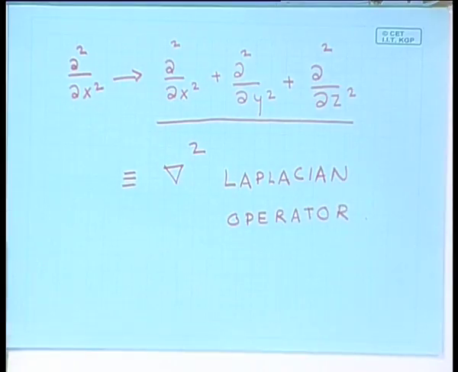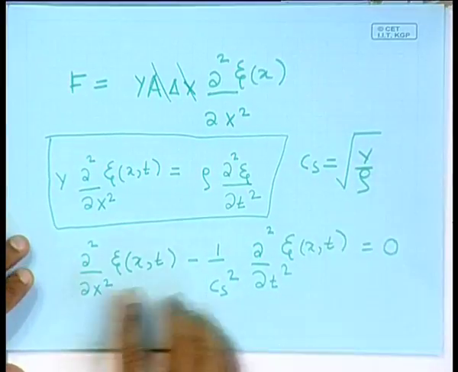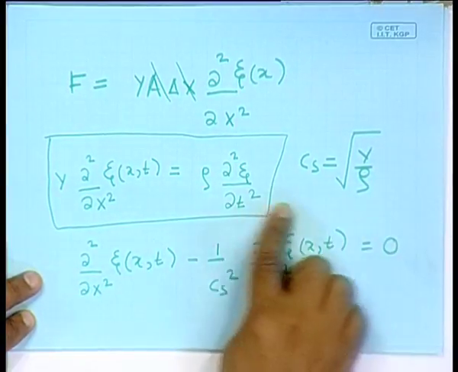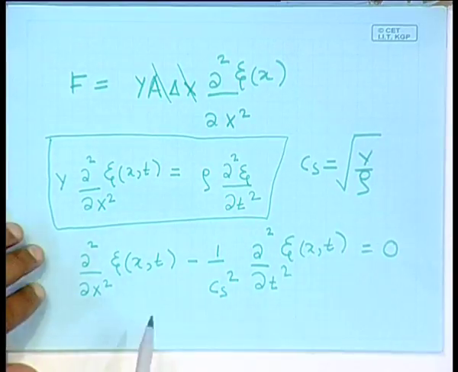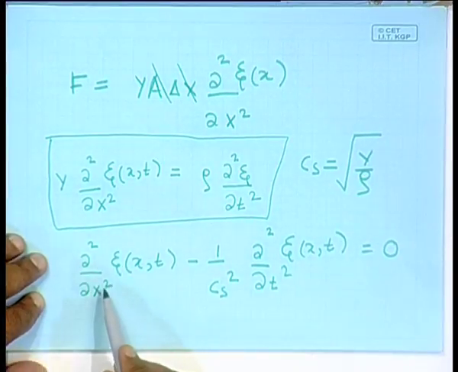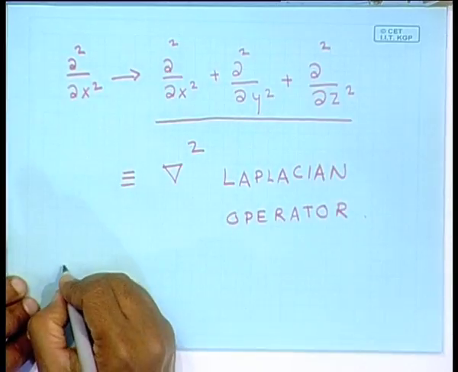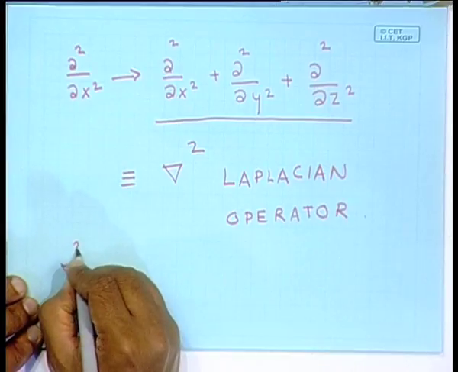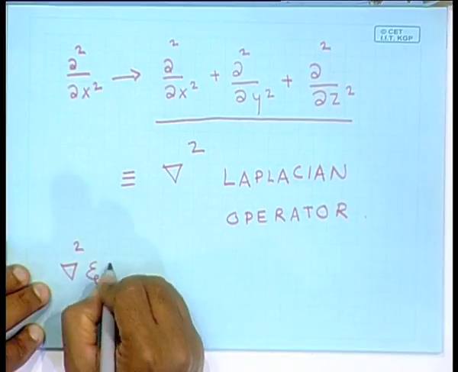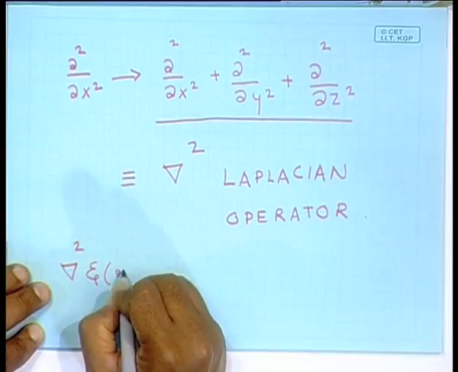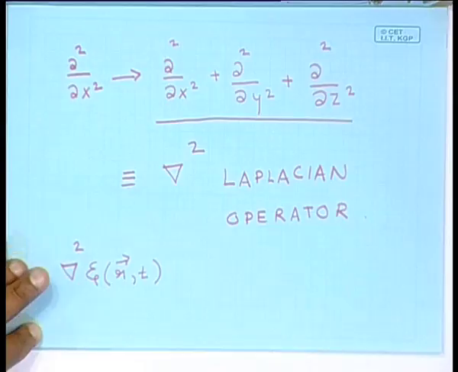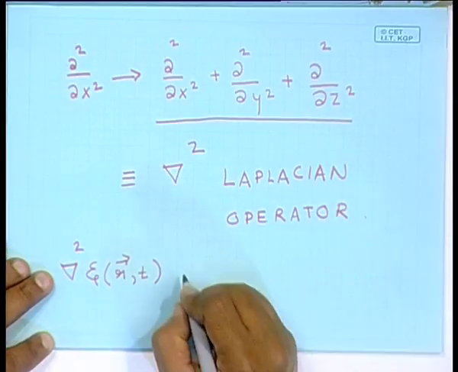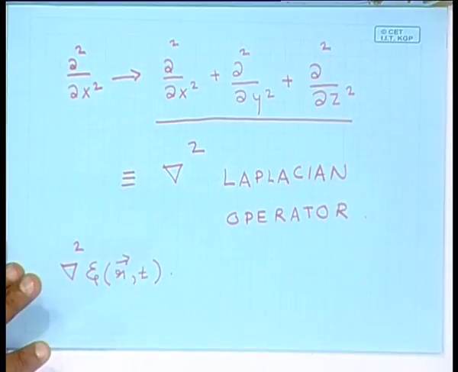And the equation that we had derived for the disturbance in that elastic solid, in the situation where the disturbance can propagate along all three directions, can be written as the Laplacian del squared xi. Xi is now a function of the vector r and t. It can vary in all possible directions. The rest of the equation remains unchanged.